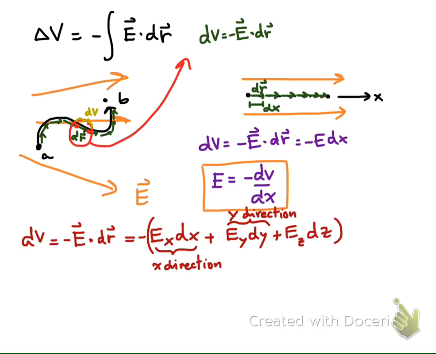And the last term is the change of the electric potential due to the change of the position in z direction.